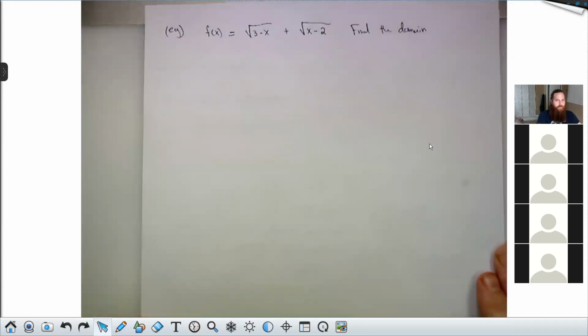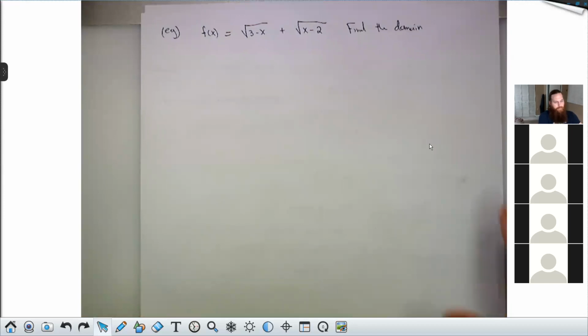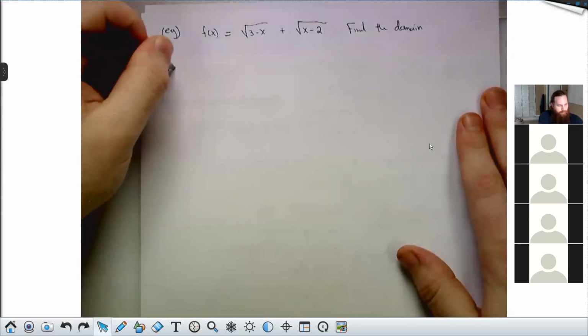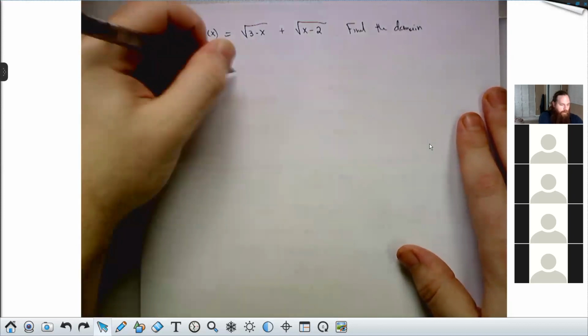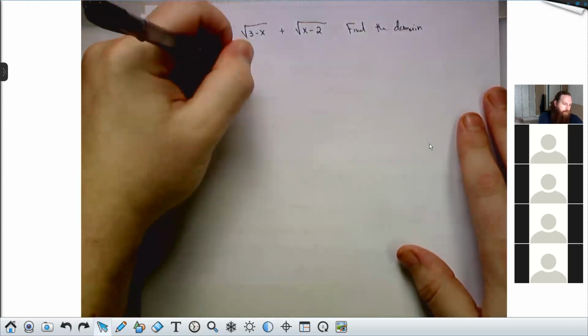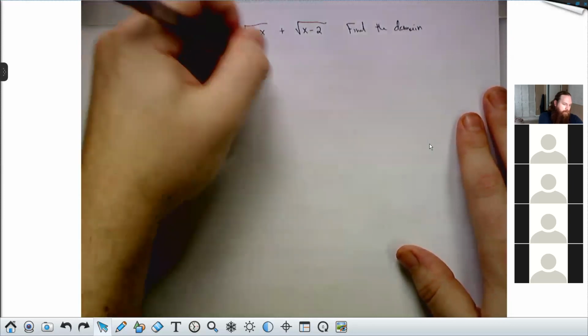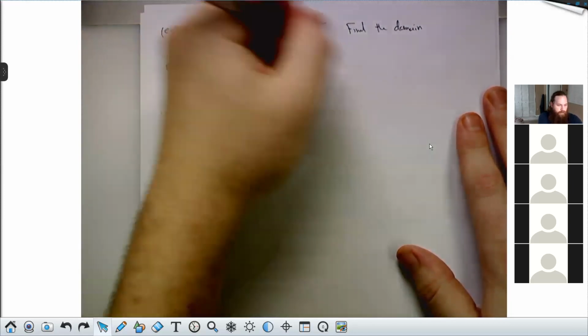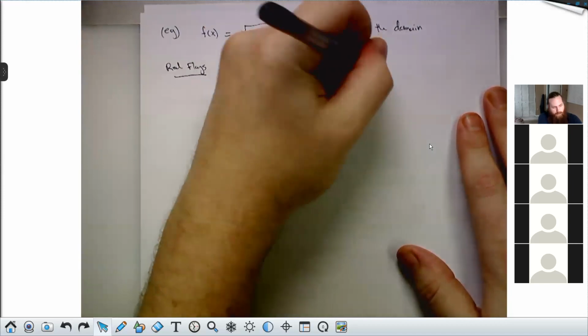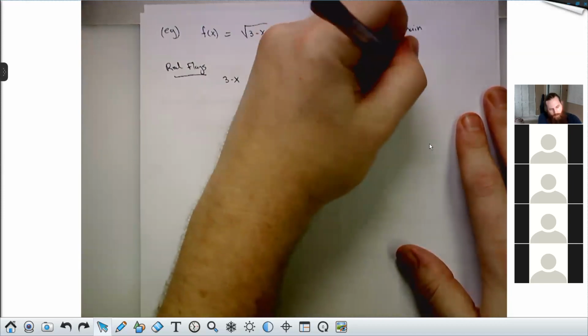What kind of red flags are present in this function? Square roots. Yeah. I have 3 minus x under an even root, and x minus 2 under an even root.